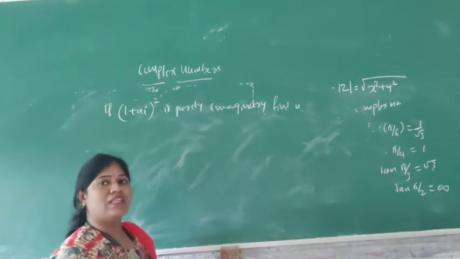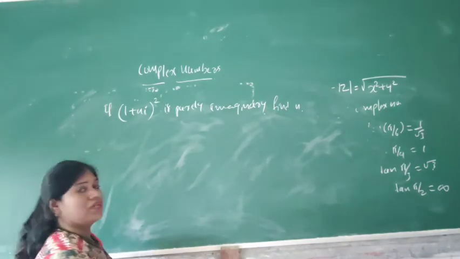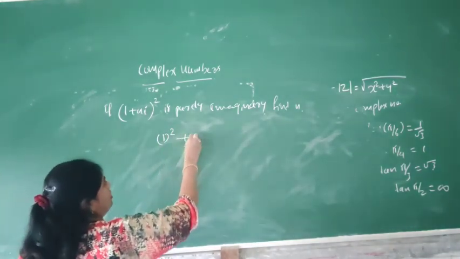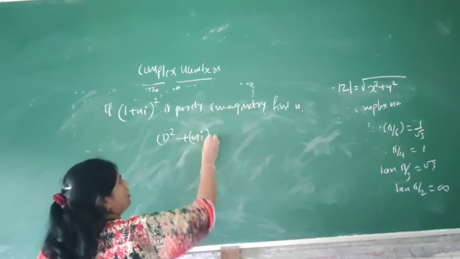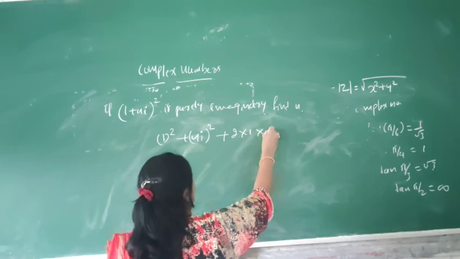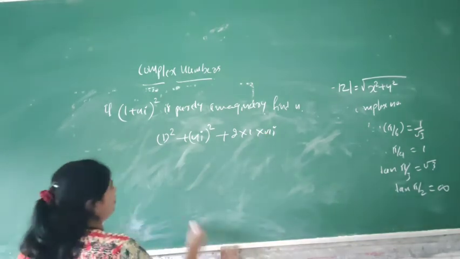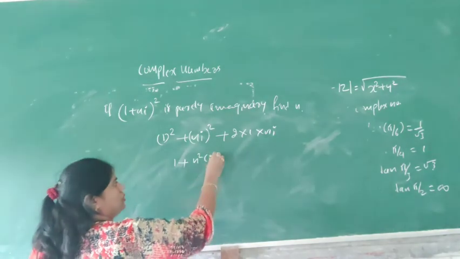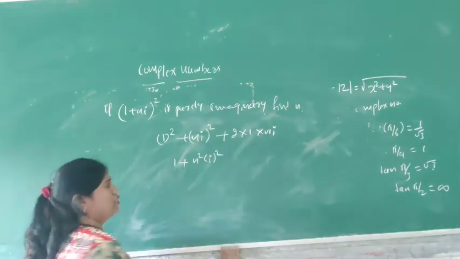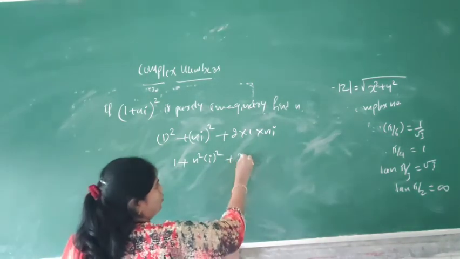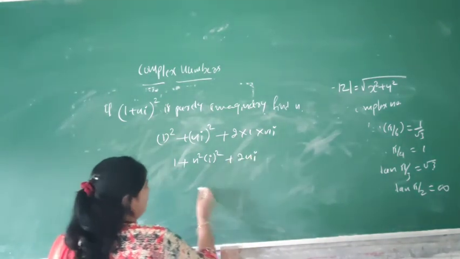So what is (1 plus ni) whole square? That is (a plus b) whole square, no? a square plus b square plus 2ab. 1 square is 1, n square i square, plus 2ni.